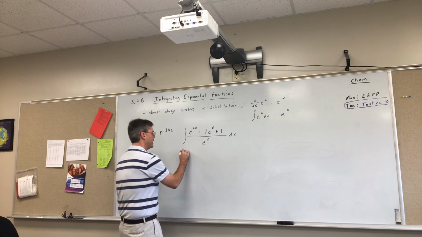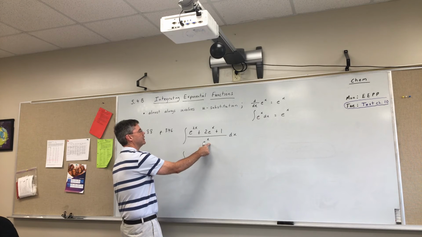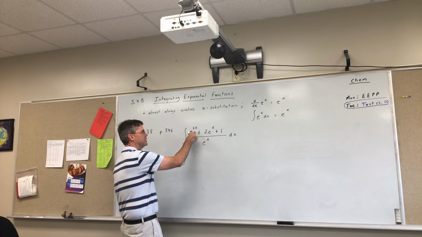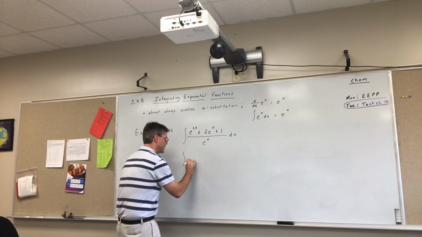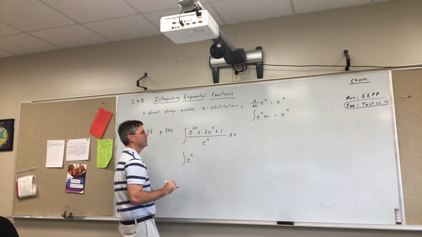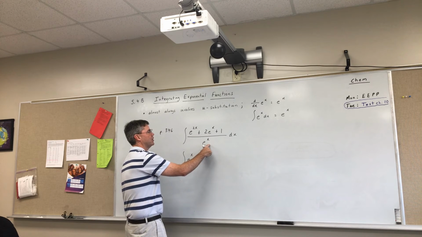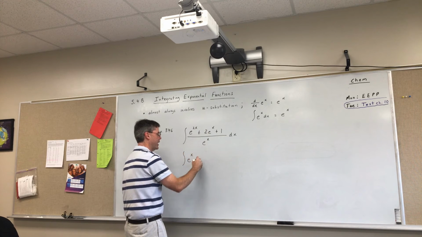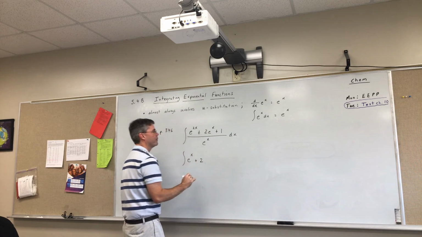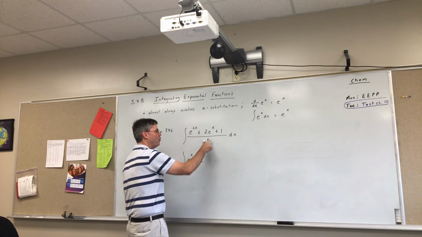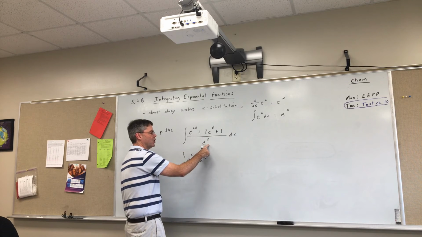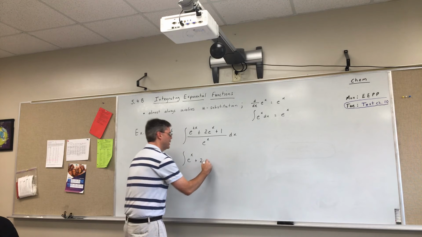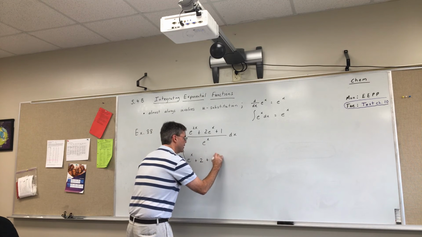So rewriting this, e to the x will go into e to the 2x, just e to the x times. E to the x will go into 2e to the x. The e to the x is canceled, so plus 2. And then 1 over e to the x, we can rewrite that as e to the minus x.